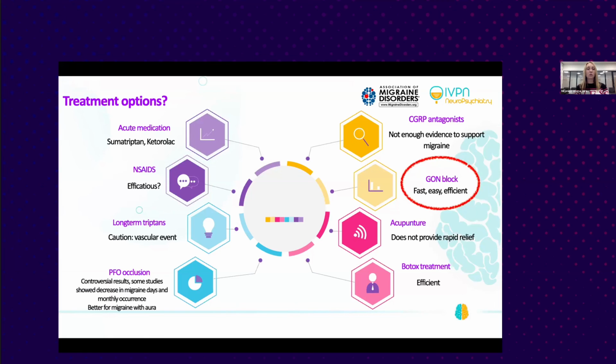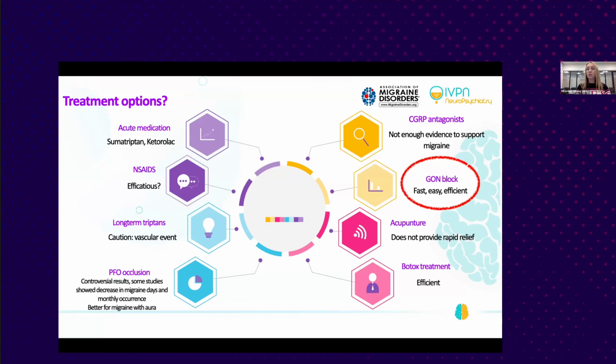And also, should she take them daily when we know that we could cause an MOH? I don't think so. What should we do about the PFO? Well, it's important to think about that, but it's not going to help her with the pain. What else can we do? Can we offer her acupuncture? Well, not bad, but it's not going to help. Well, what about Botox? Could be efficacious, but maybe a little bit complicated.